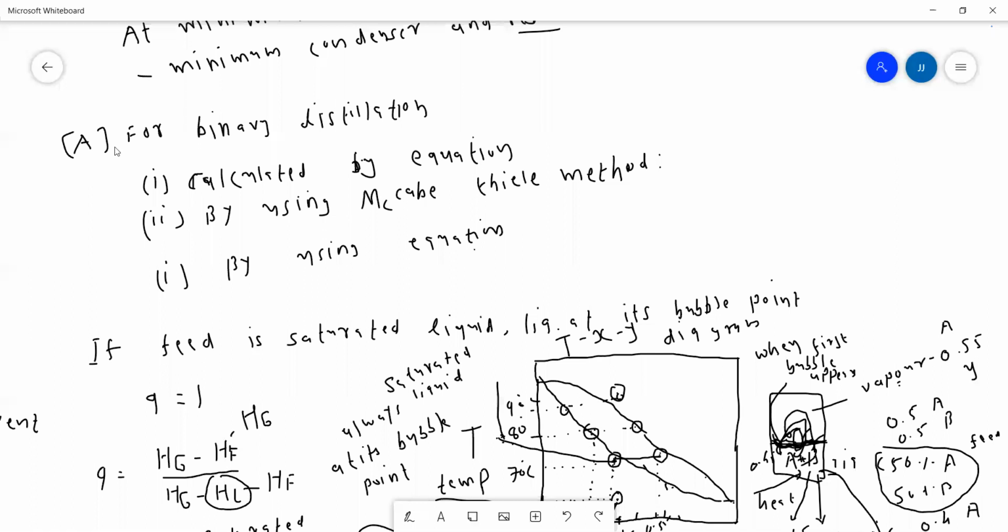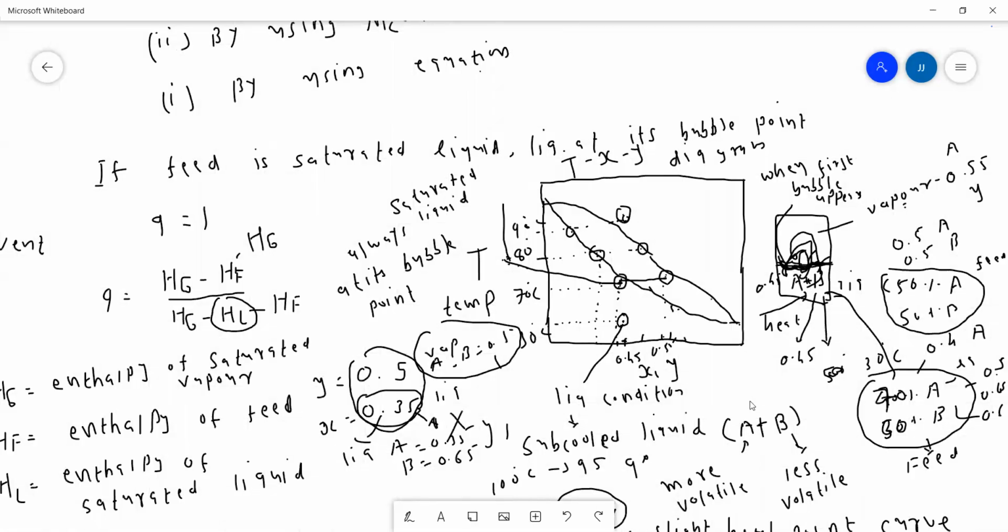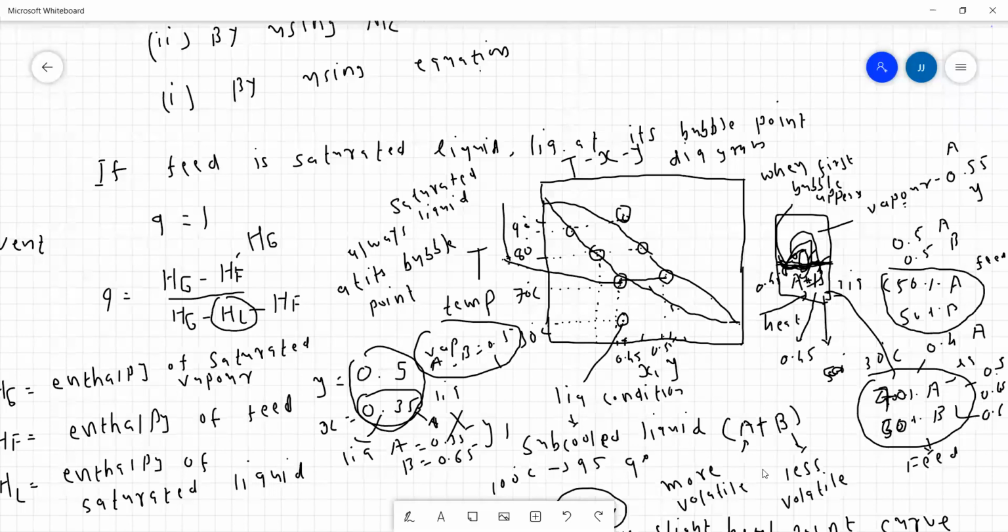But what about multi-component distillation? Let's talk about multi-component distillation. How do we determine the minimum reflux ratio in multi-component distillation?